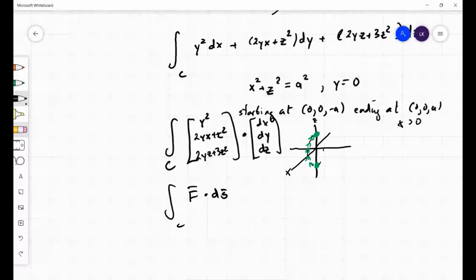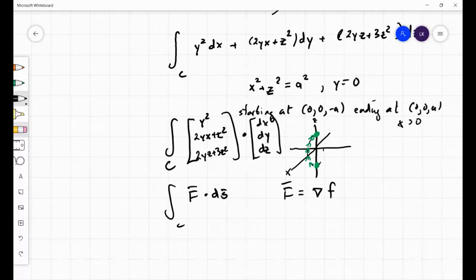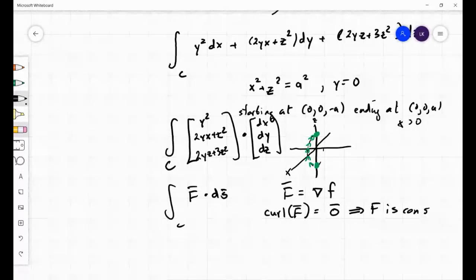If this vector field happens to be conservative, then we know that f is equal to the gradient of some scalar field, and then we could apply the fundamental theorem of calculus for line integrals. And indeed, I won't do it to save time, but you would compute the curl of f, and you get that that is 0, so that implies that f is conservative. The integral is going to be path independent, only the starting and ending points matter.